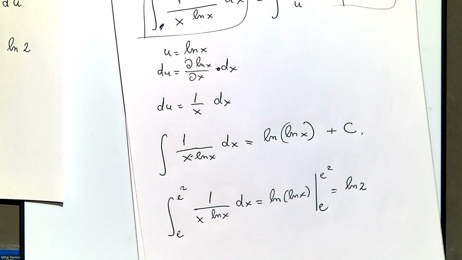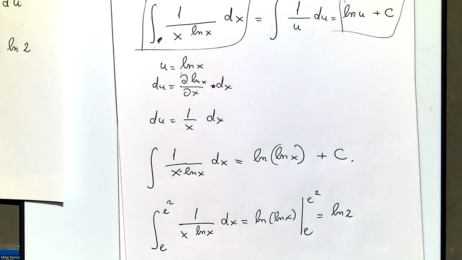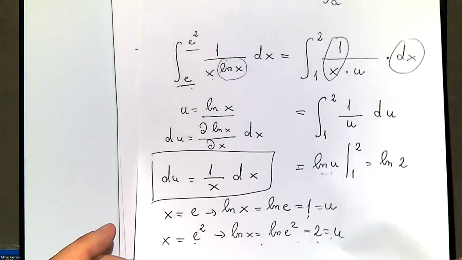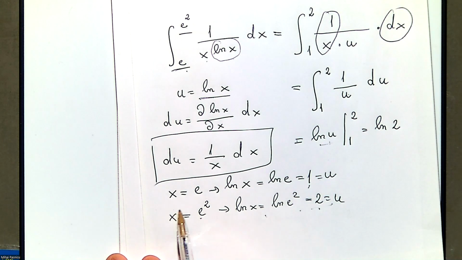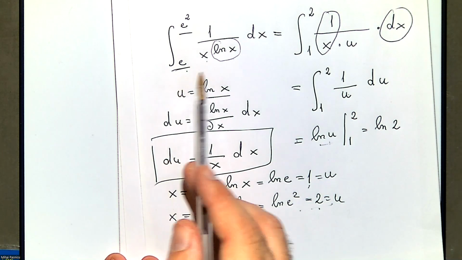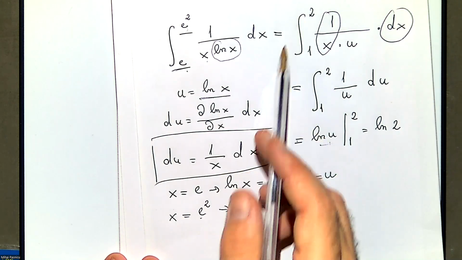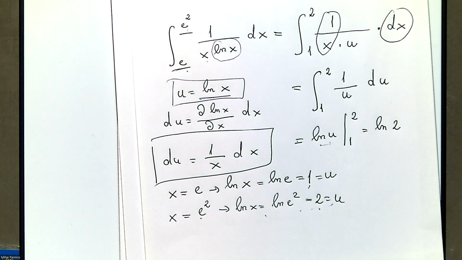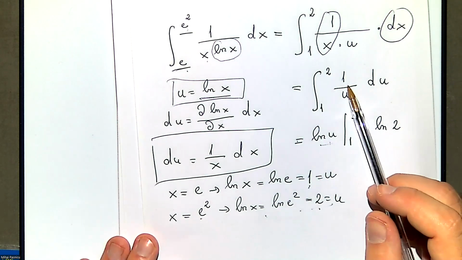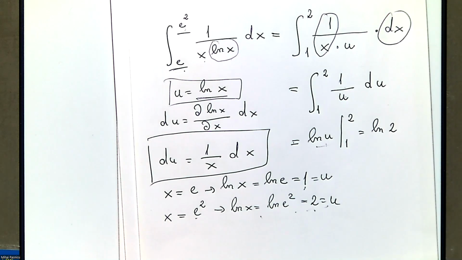So basically, what I'm trying to say is that you can either do it this way, which I find to be safer and shorter, which is when applying substitution, replacing the limits of integration accordingly, moving from e to 1, from e squared to 2, because this is my change. And then once you solve it for u, you can just replace and compute it.